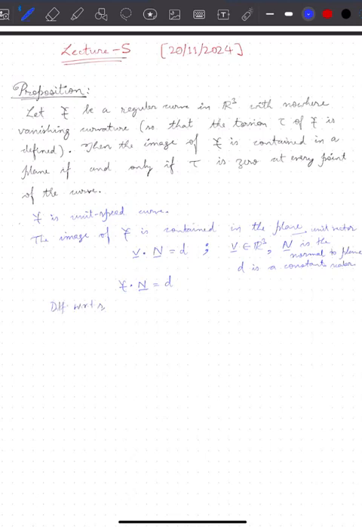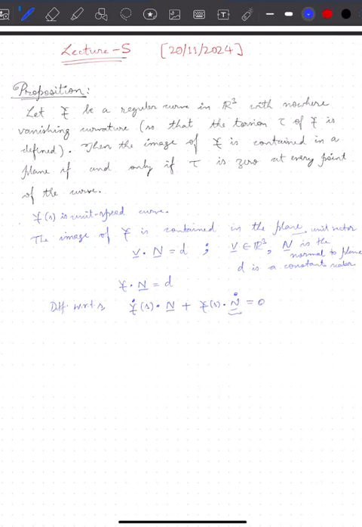Usually let me call it gamma of s, a unit speed curve, so that it's implied that s is the arc length parameter. Then this gives us gamma prime, or gamma dot, that's what we have been following, dot n plus gamma dot n dot, is equal to 0, since d is a scalar.